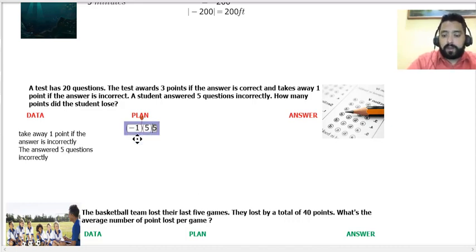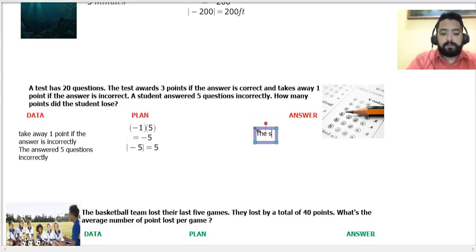But remember, the answer can't be negative, so -5, and then we are going to apply the absolute value. Absolute value of -5 is equal to +5. So the students lost 5 points. So this is our answer.